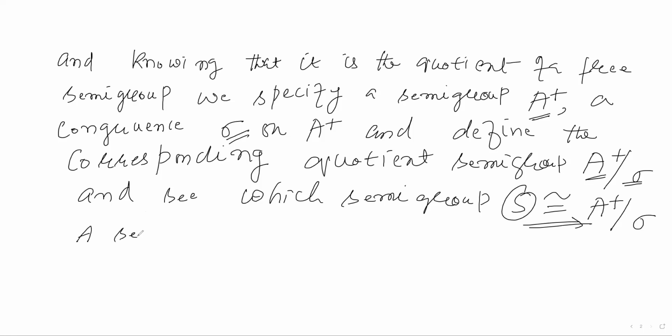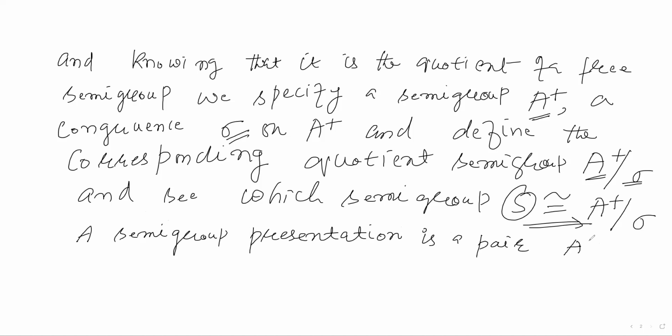A semigroup presentation is a pair A, rho, and we denote it by the symbol Sg angle A | rho.